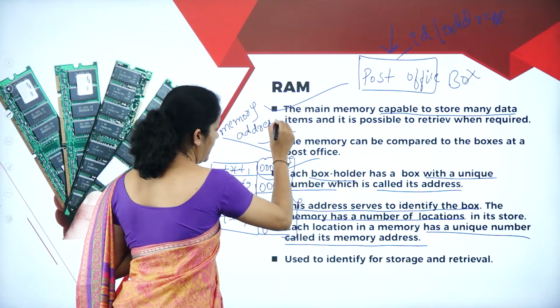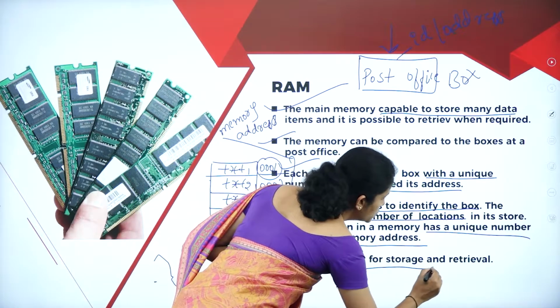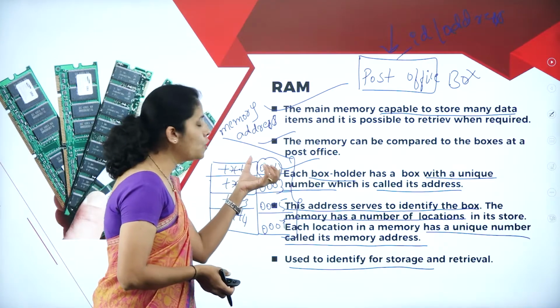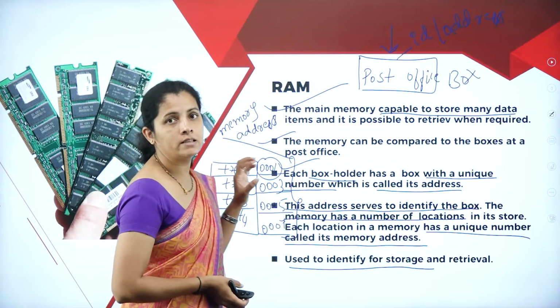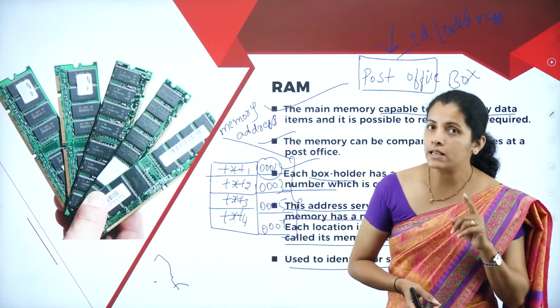Memory addresses are used to identify storage and retrieval. That means based on the memory address, I can identify the program which is stored on the random access memory.